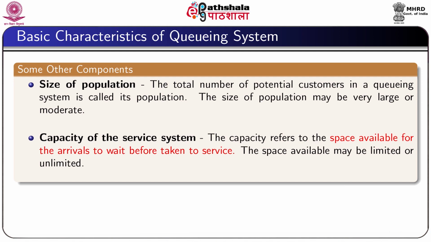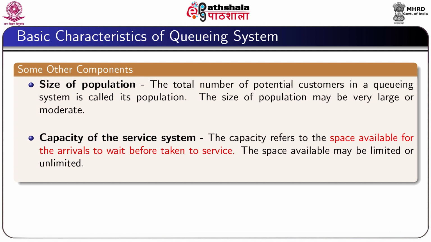Let me now define some other components of a queuing system, such as size of population or capacity of the service system. Size of population. The size of potential customers may be very large or moderate.